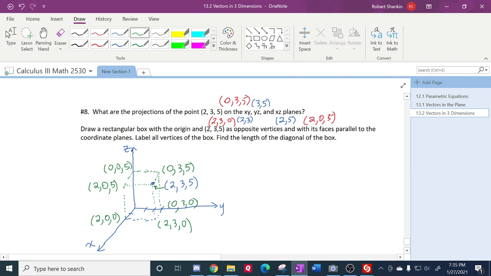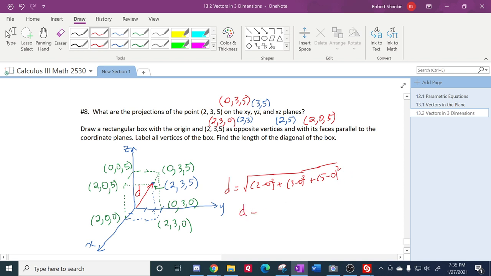And then the last thing it asks us to do is find the length of that diagonal, and that's just the distance formula. D squared is equal to these things squared, so D is equal to the square root of 2 minus 0 squared, 3 minus 0 squared, 5 minus 0 squared.